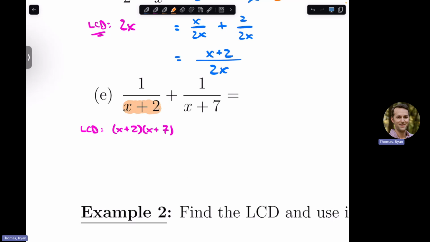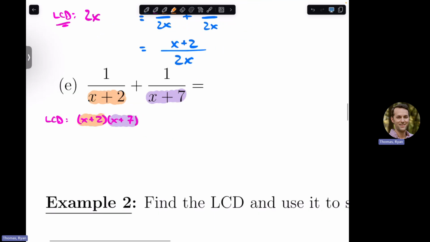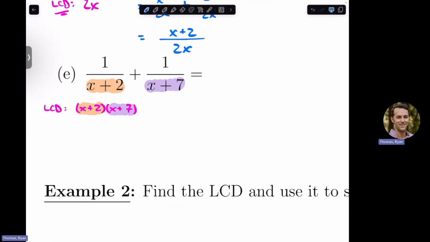All we can do is treat different factors like they're different things. And that means their least common denominator is just the product of what was already there. X plus 2 and x plus 7, if x is a variable, those don't have any common factor. So I'm stuck with just working with the whole thing.